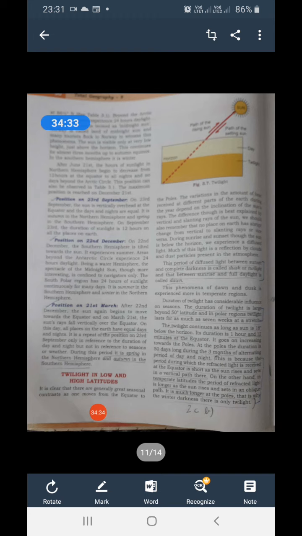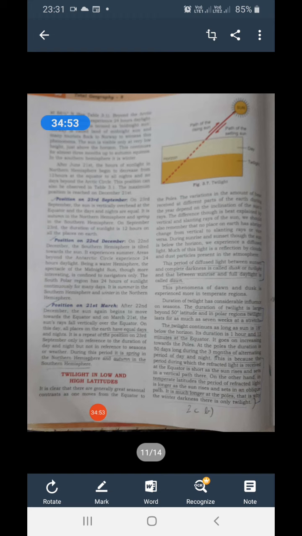Now they have given you the duration of twilight. The duration of twilight is large beyond 50-degree latitude and in polar regions. Now, why is the twilight period greater? The diagram is given here because the earth is inclined, it is tilted.